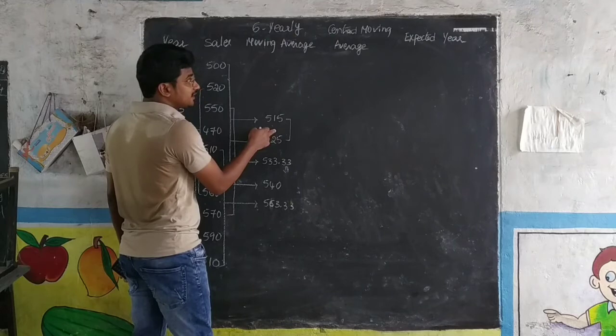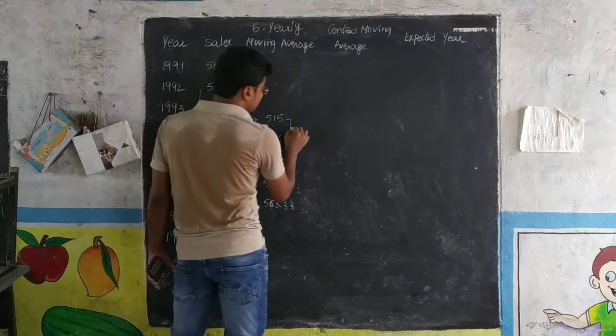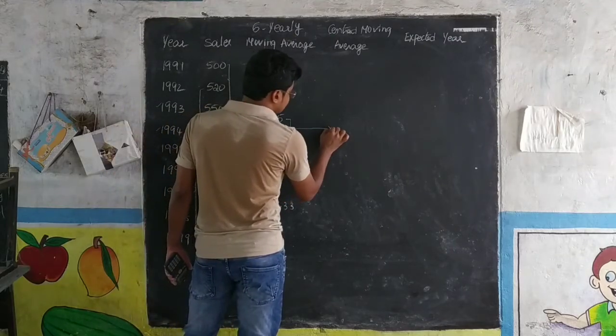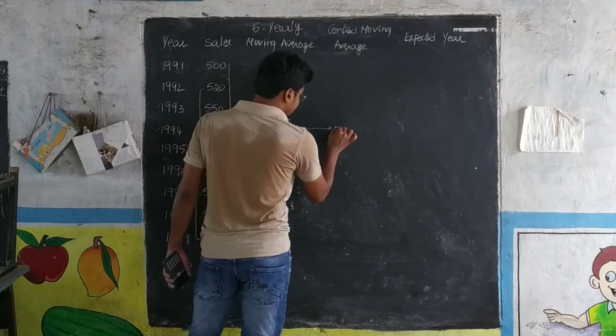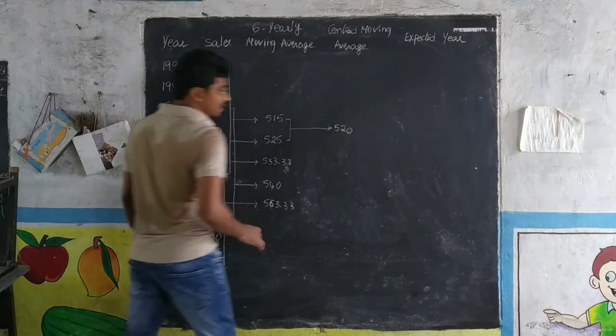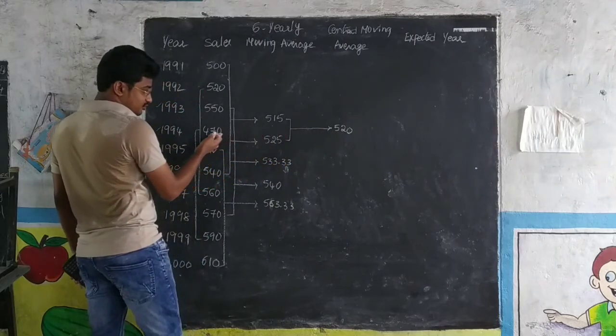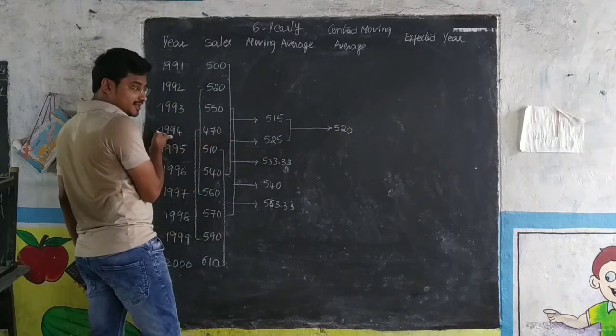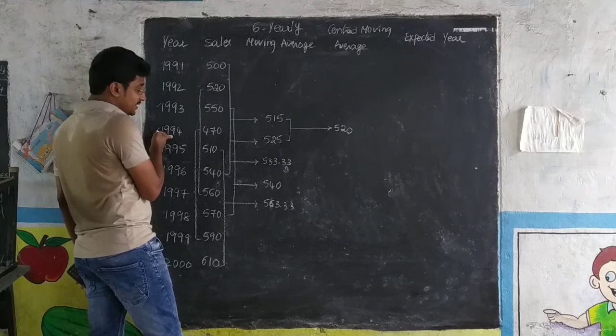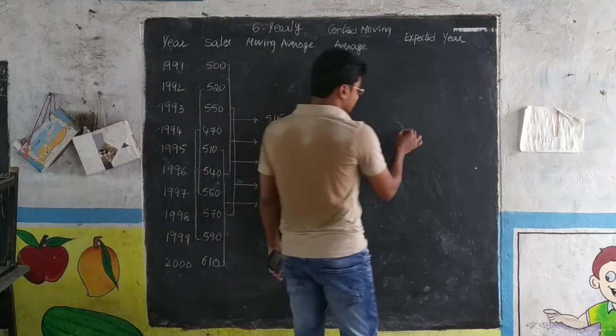Place that centered moving average value in between the two values. The centered moving average value coincides with a particular year. This is 1994. Expected year is 1994.